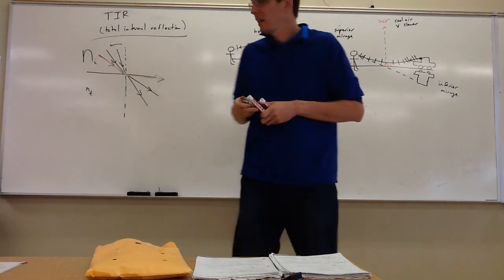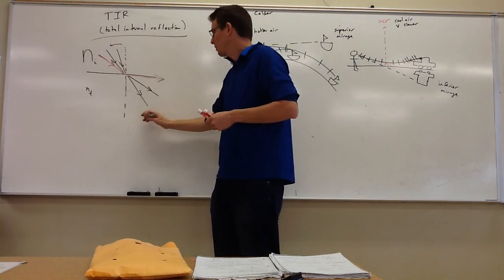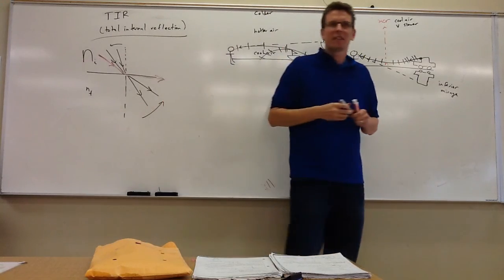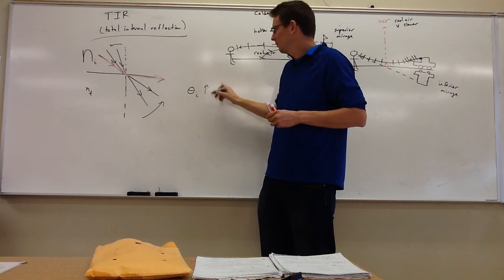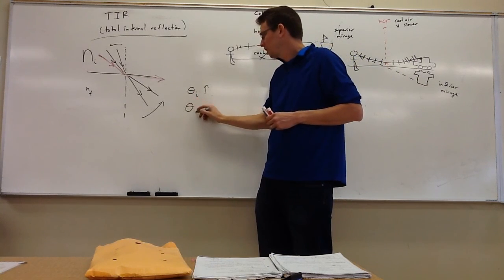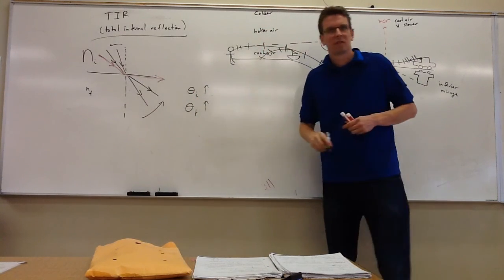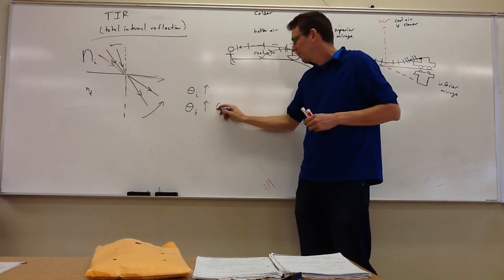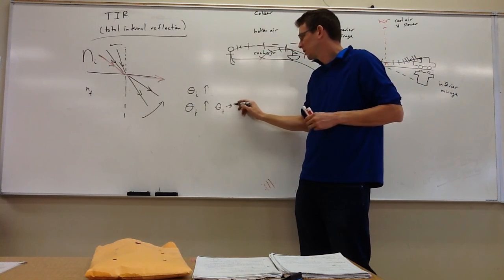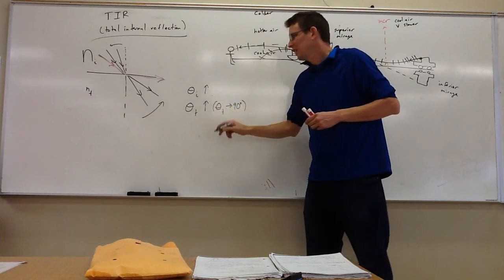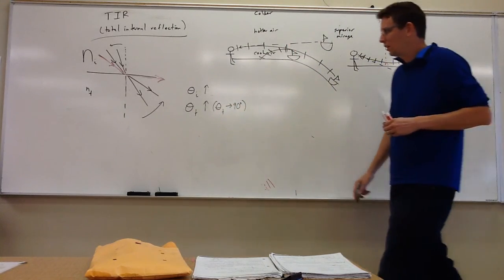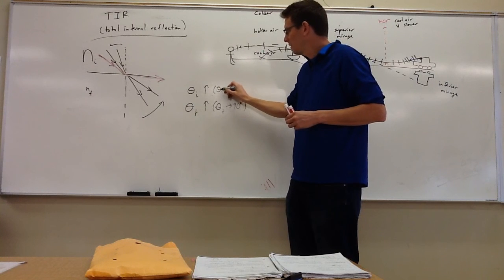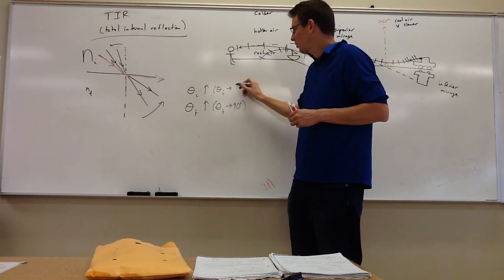So notice that as I increase the incident angle, I'm increasing the transmitted angle, and at some point, the transmitted angle goes to 90, which is to say that it actually bends so far as to not really make it into the second material at all. The name for the incident angle at which this occurs is called the critical angle.